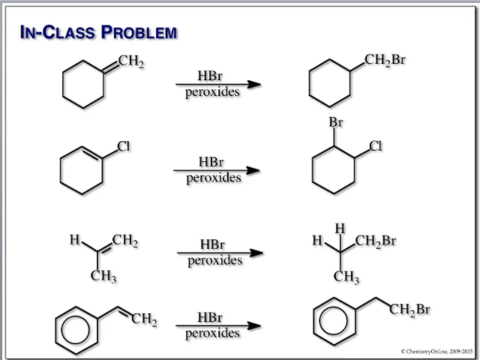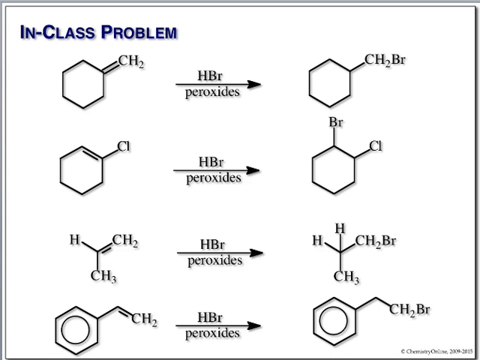So when you see a halogen acid, the thing that you look for is whether it's just a simple ionic addition or whether it's in the presence of peroxides. For the simple ionic addition, we're going to do Markovnikov. That is, the halogen will bind to the carbon that gives the most stable carbocation.